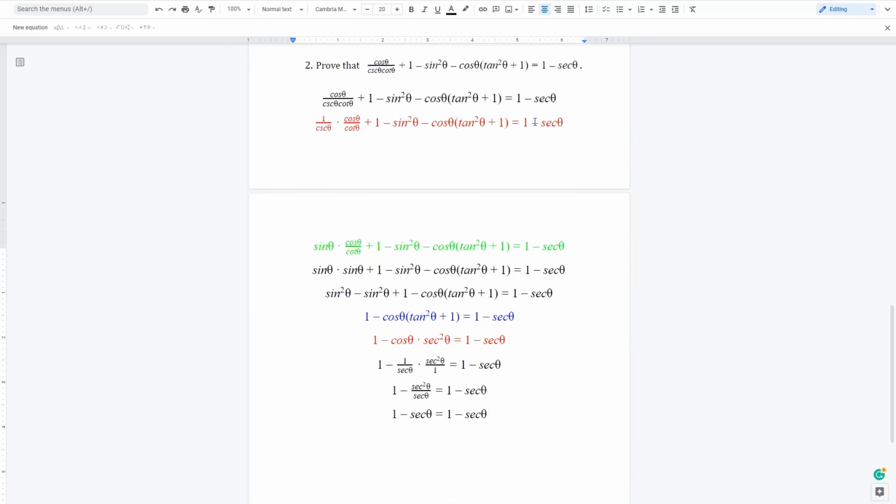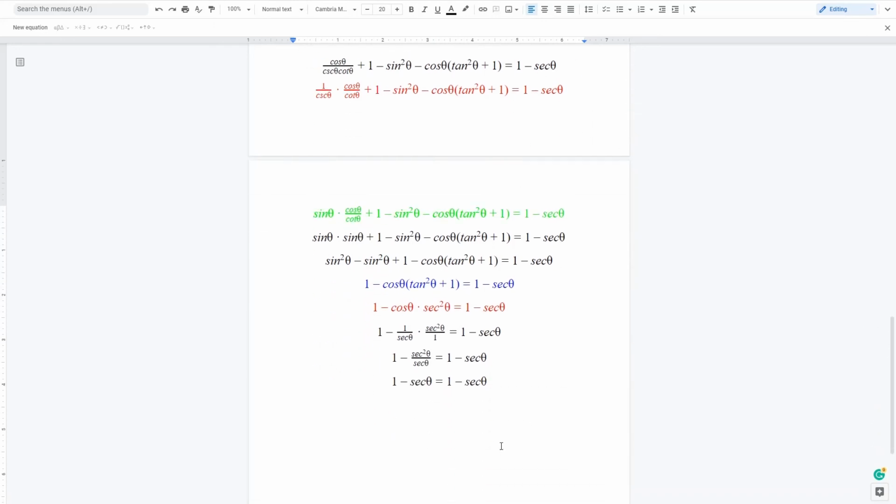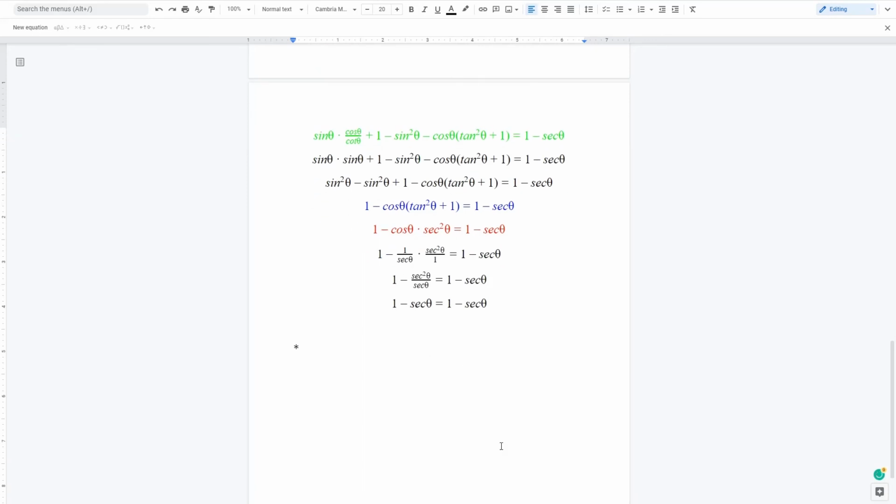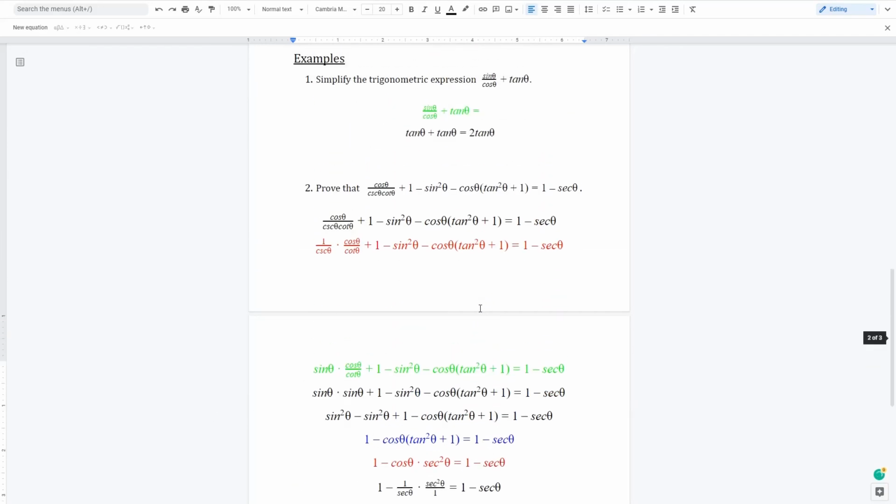Besides that, something to note would be that once you start changing one side of an equation, you can't change the other side.